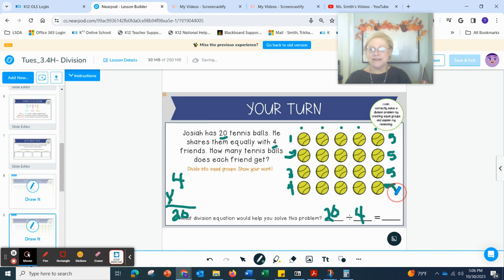Hooray, hooray. So we have 20, that whole amount, divided into 4 equal groups. How many tennis balls are in each group? 5. 4 times 5 equals 20. Great job.